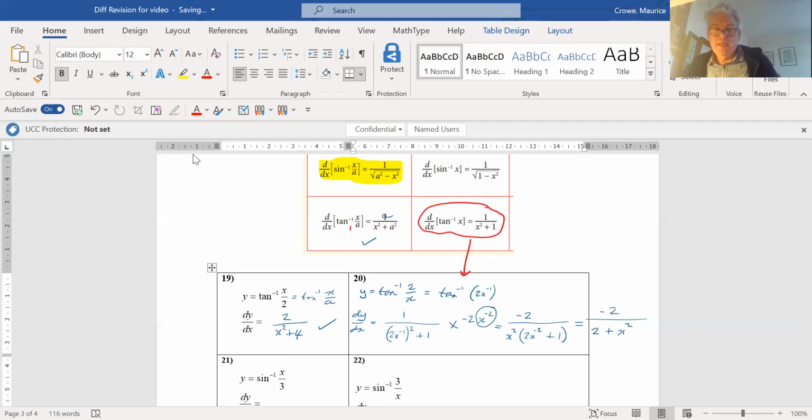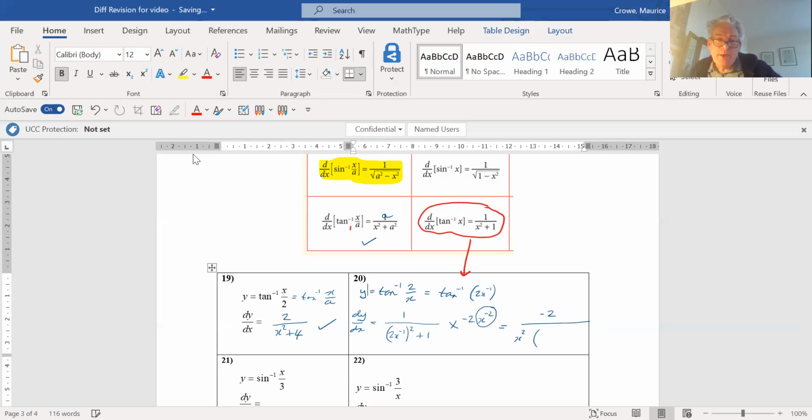Minus 2x to the power of minus 2, and that will stay on top. That goes back underneath. It's going to multiply into this. Oh, but that was already squared. Sorry, hang on a second now. I should have given myself more space here. So it's minus 2 on top, and then bring that back down underneath.